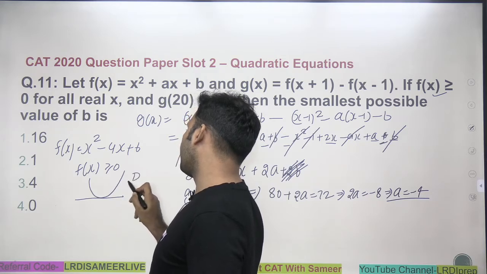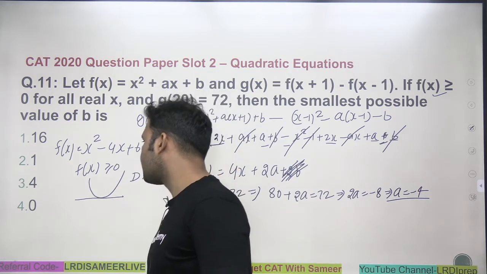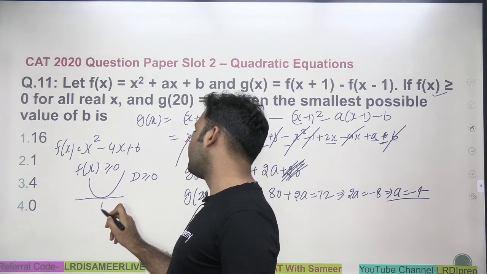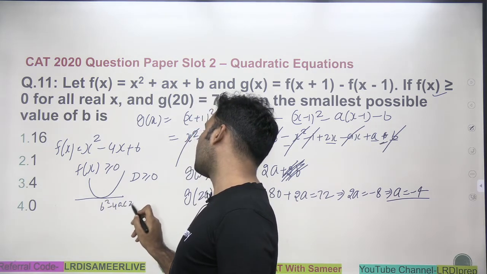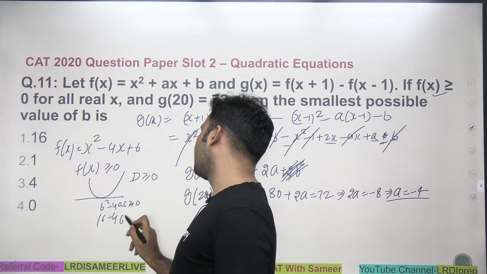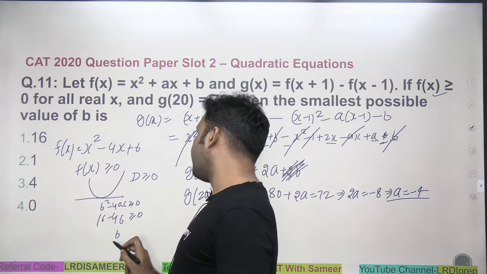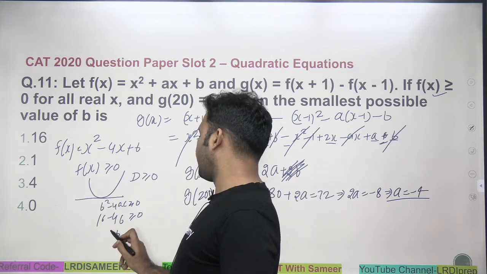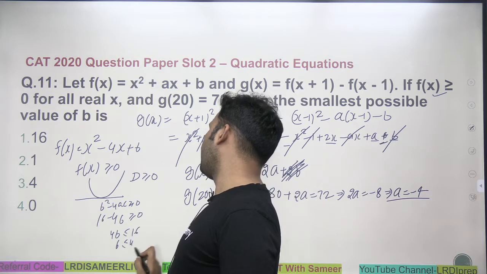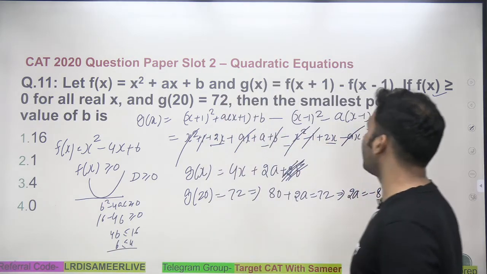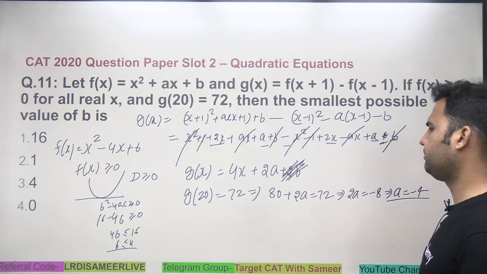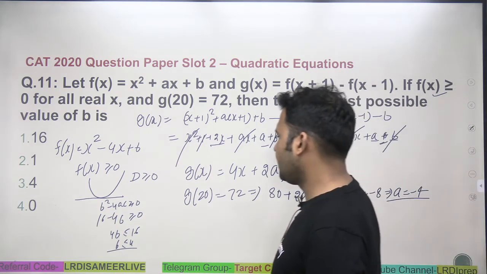This is the case when you are saying that discriminant is greater than or equal to 0. That means discriminant of this expression would be b square minus 4ac greater than or equal to 0. That is 16 minus 4 times a into c, and 4b would be less than or equal to 16, so b will be less than or equal to 4. But what we are supposed to find out is the smallest possible value of b, right?